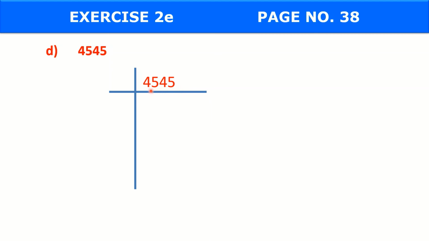Also 4 plus 5 is 9, plus 4 is 13, plus 5 is 18, and 18 is divisible by 3. So the number will be divisible by 3 or 5, but we will go with 3.